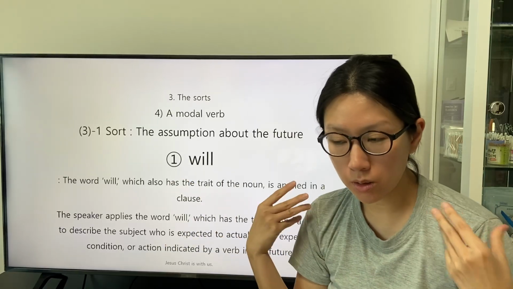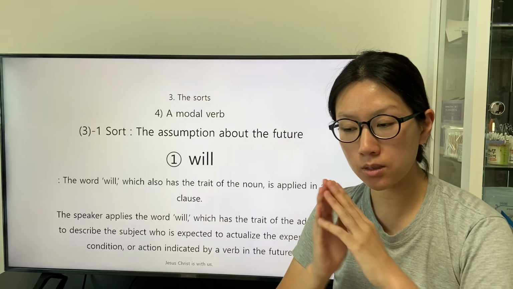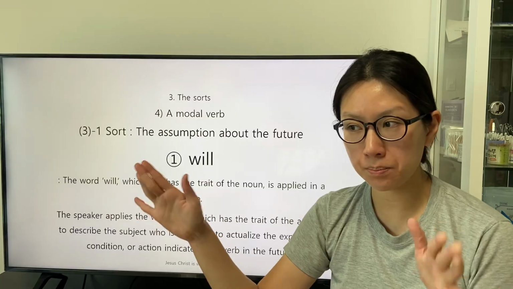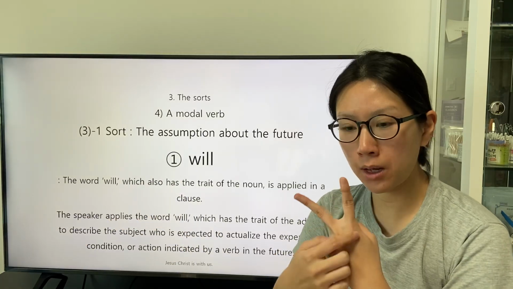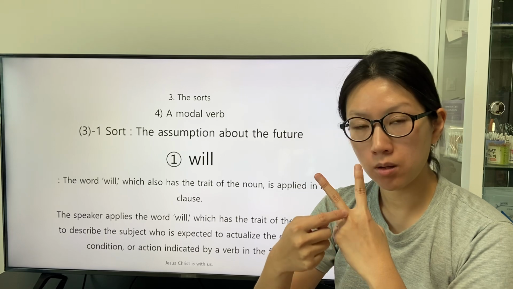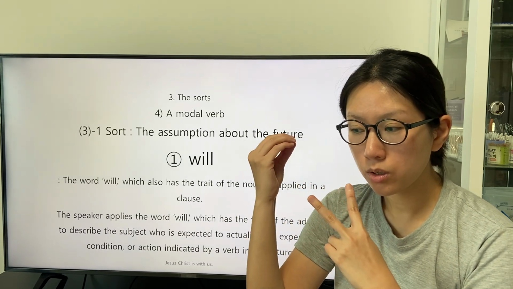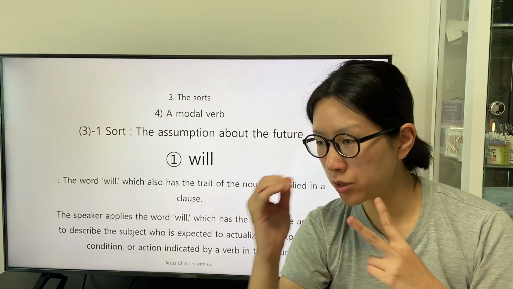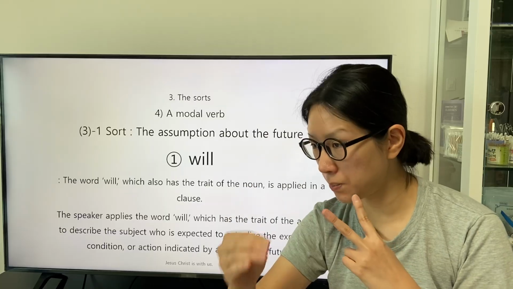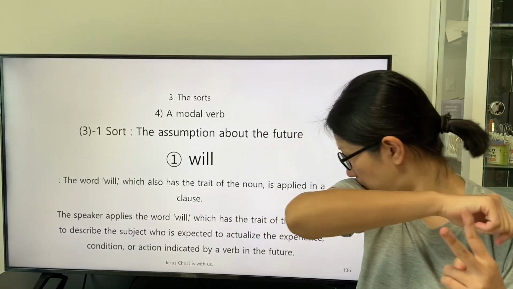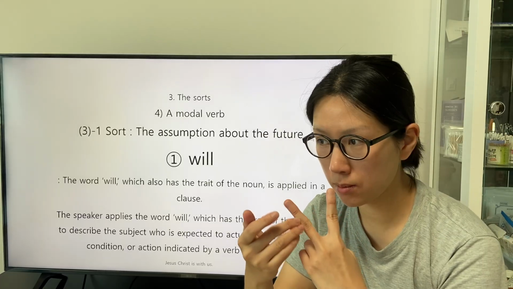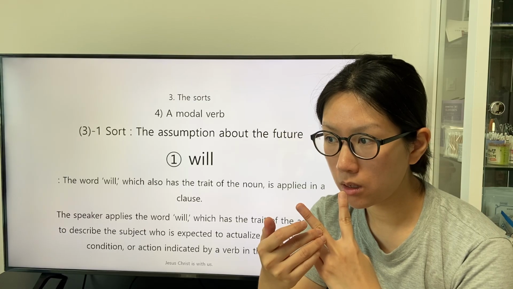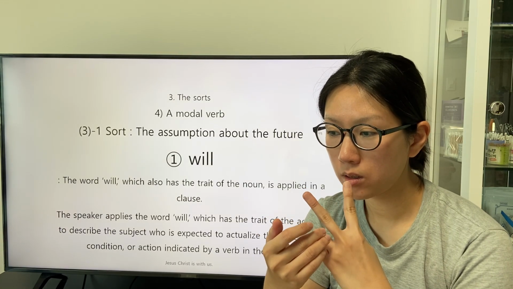So we can understand that the fact that we state a clause that the modal verb would is applied in is about a point in time for the assumed experience, condition, or action, whose actualization is false.